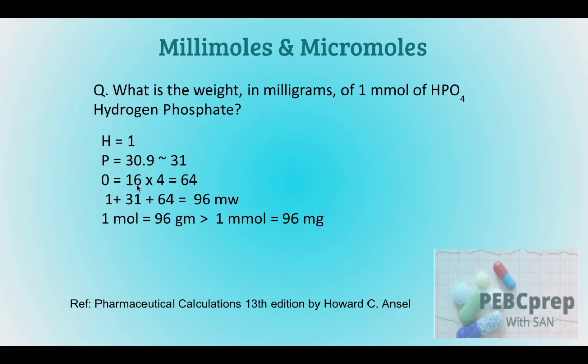Then oxygen is equal to 16 multiplied by 4 gives us 64. When we add everything, we got 96 molecular weight. So the 1 mole will be equal to 96 grams. And similarly, as we did in previous question, we add milli on both sides, and we got same value. 1 millimole is equal to 96 milligrams.